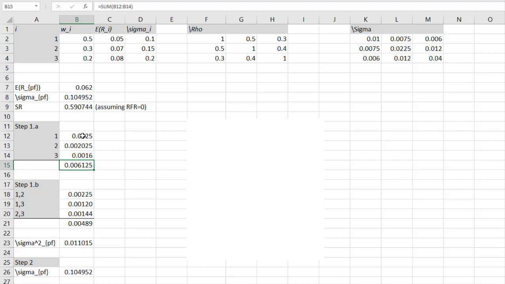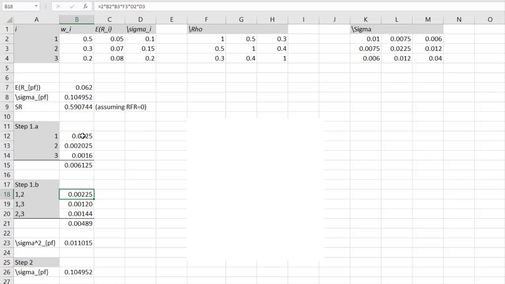And the result for step 1a is simply the sum of these three values. I now go to step 1b. Here we have the possible combinations. Combination 1, 2, 1, 3, and 2, 3.